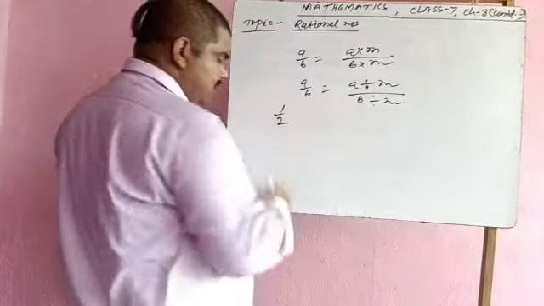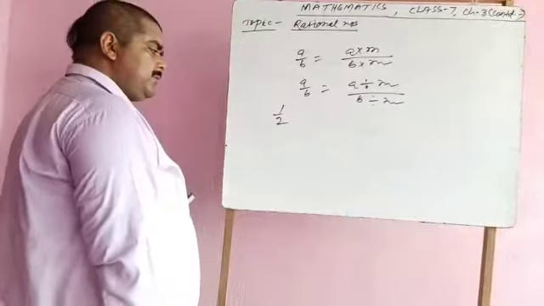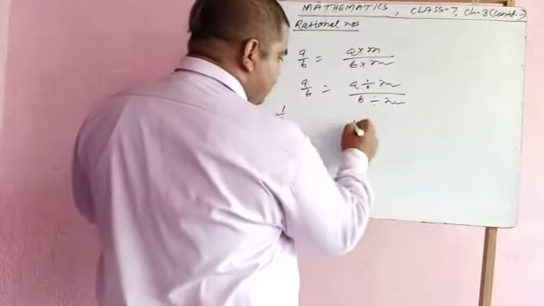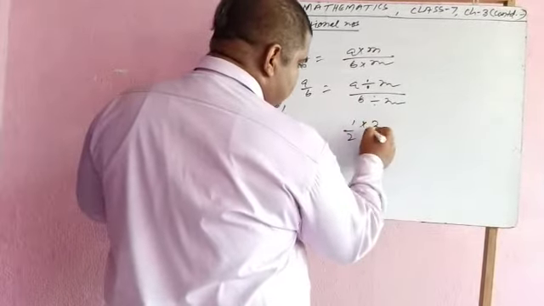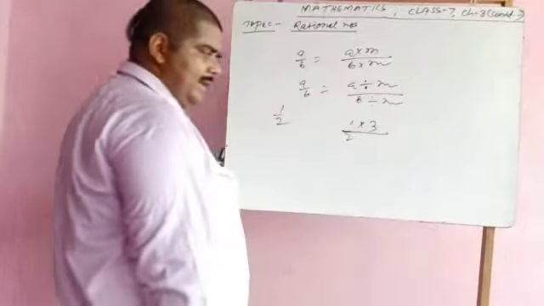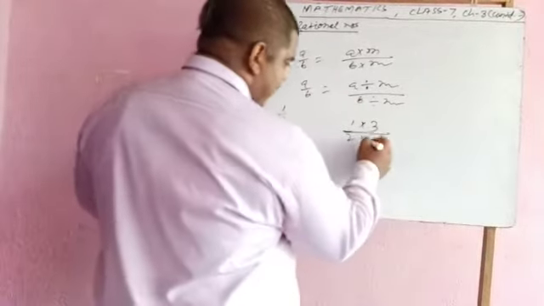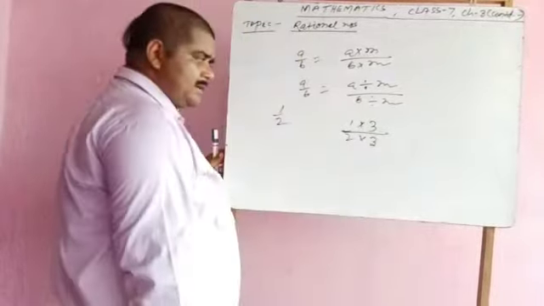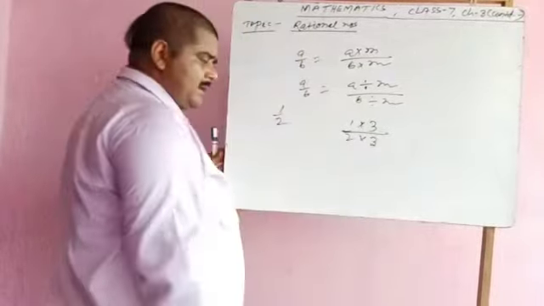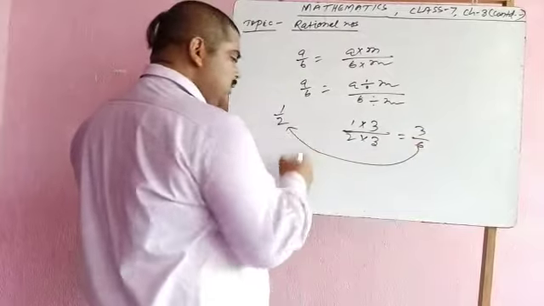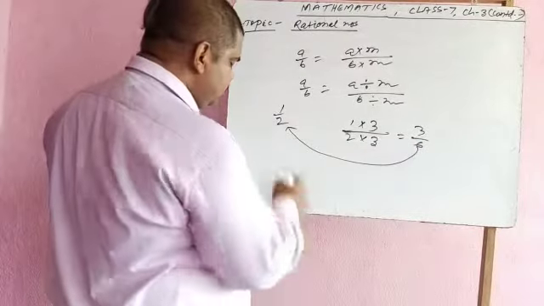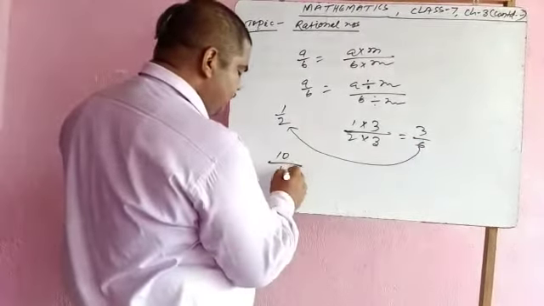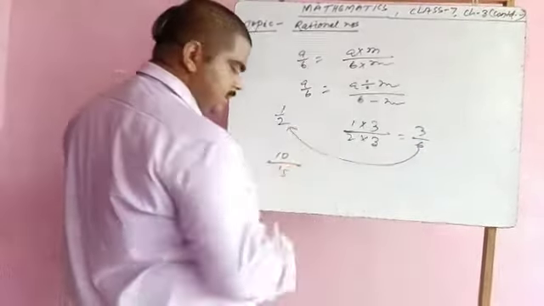Suppose that 1 upon 2 has been given. If you multiply 1 upon 2 by 3 in its numerator and its denominator, the result is 3 upon 6, and 3 upon 6 is equal to 1 upon 2. 10 upon 15 is another rational number.